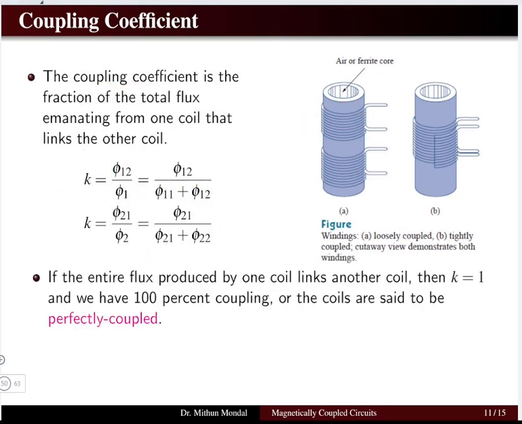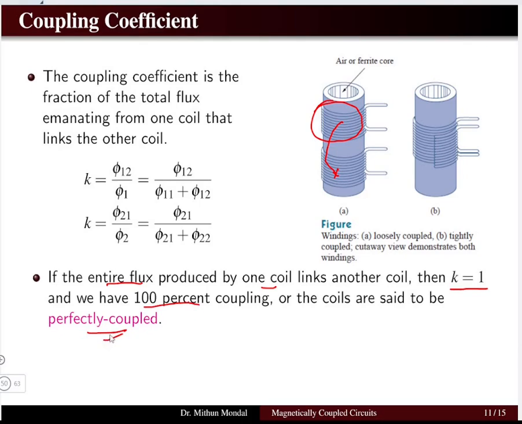So we can say that if the entire flux which is produced by one coil, the first coil where the flux is produced, is entirely linking the second coil, then the coefficient of coupling k is equal to 1, and we say that it is 100% coupled, or a perfectly coupled coil. This is the ideal condition.